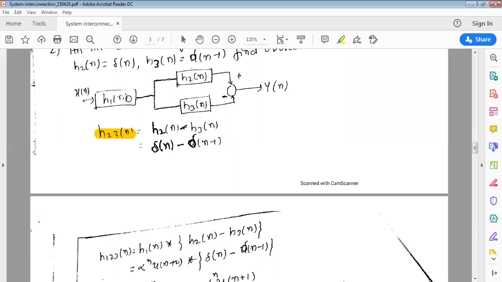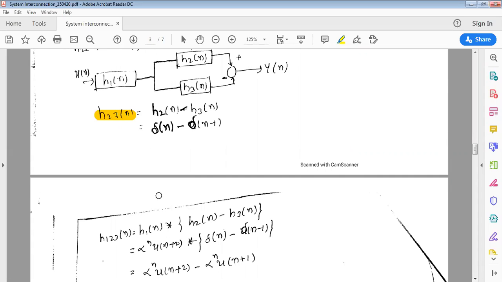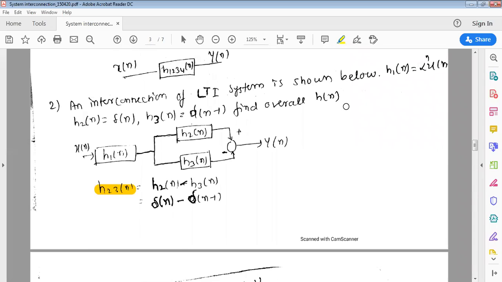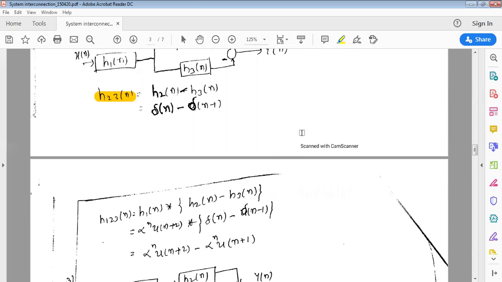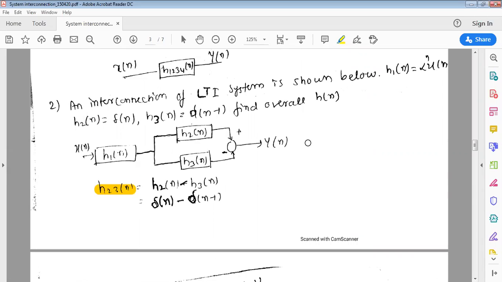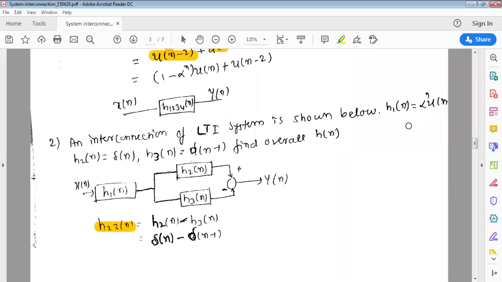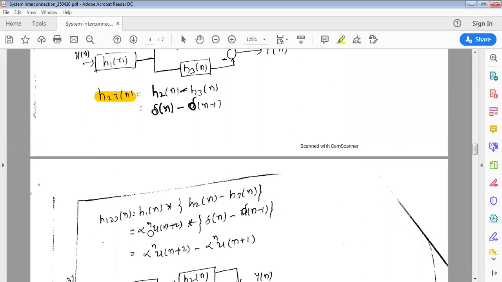What is h1 of n? h1 of n is alpha power n u of n plus 2. So I'll write alpha power n u of n plus 2 convolved with delta of n minus delta of n minus 1. Any doubt here?